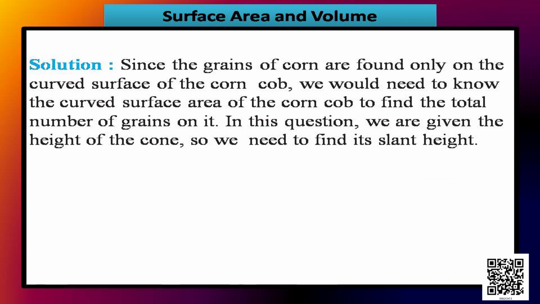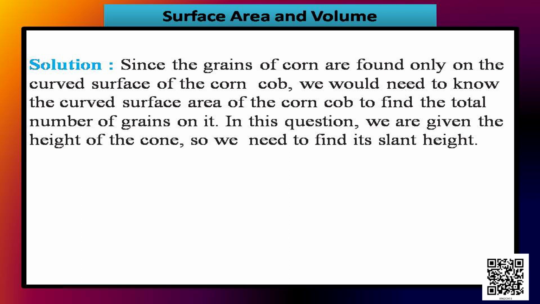Since the grains of corn are found only on the curved surface of the corn cob, we would need to know the curved surface area of the corn cob to find the total number of grains on it. In this question, we are given the height of the cone, so we need to find its slant height.